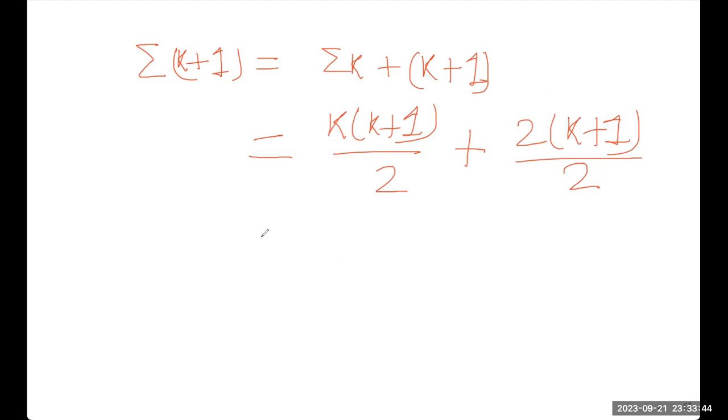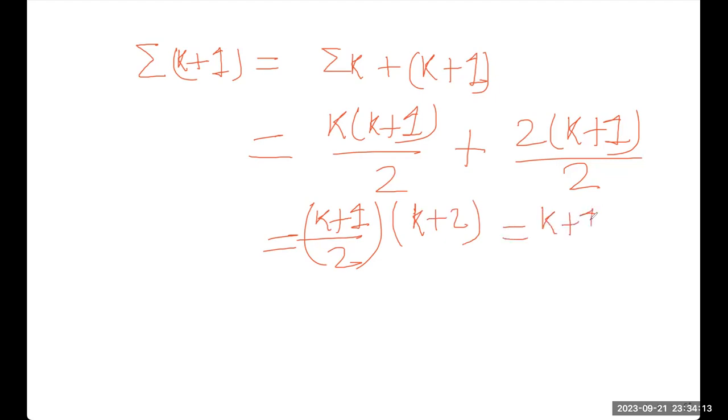Now, if I take k plus 1 by 2 as common, what will I get? K plus 1, and inside I will get k plus 2. Finally, what is it? K plus 1 by k plus 2 by 2.